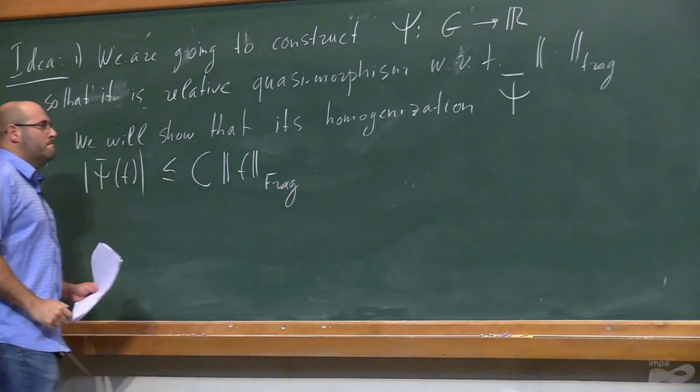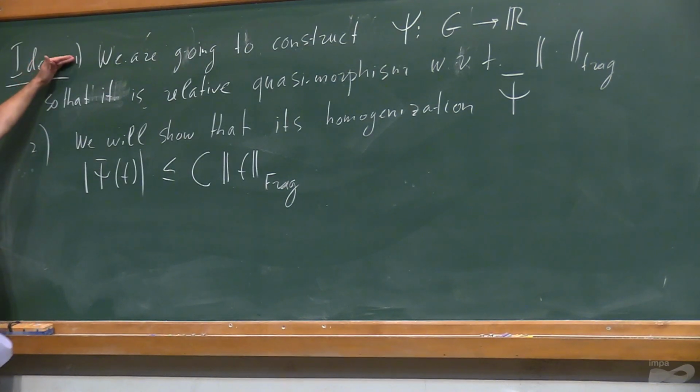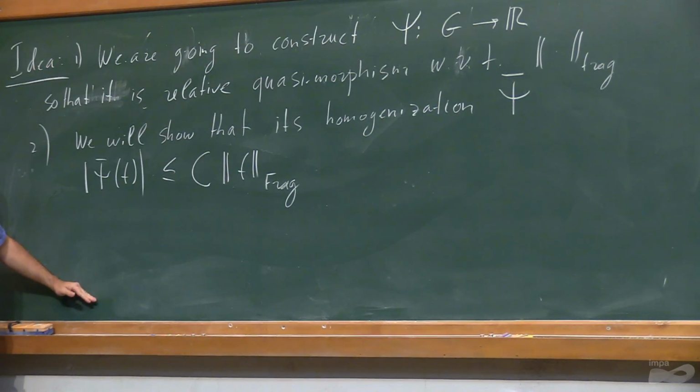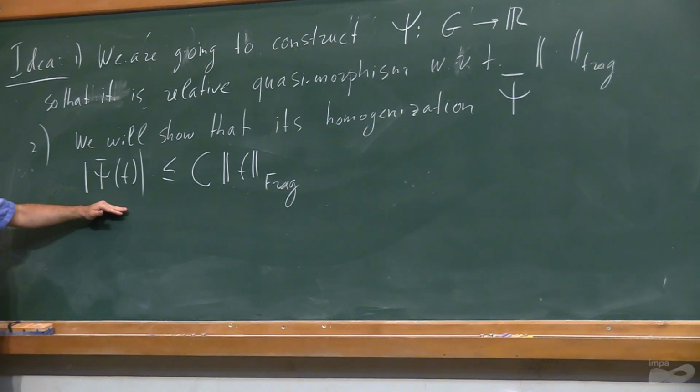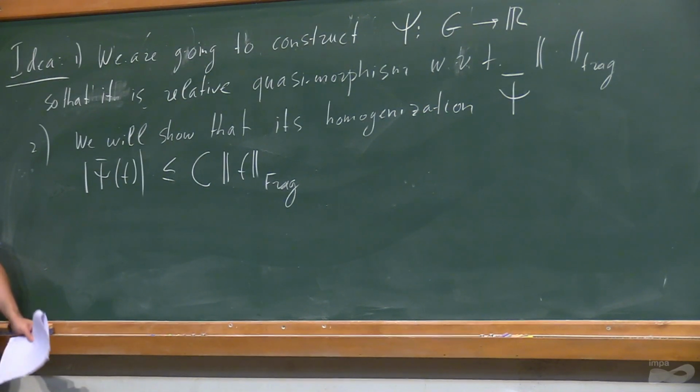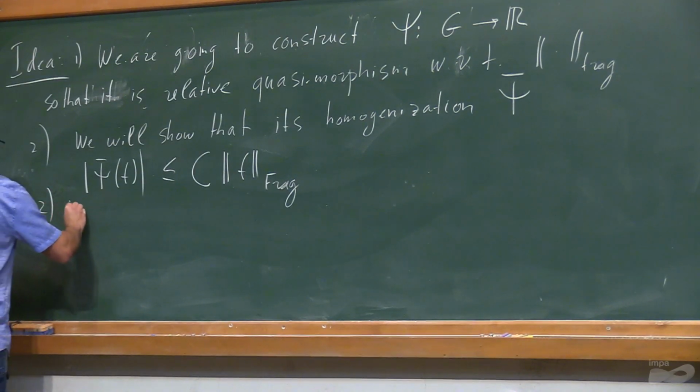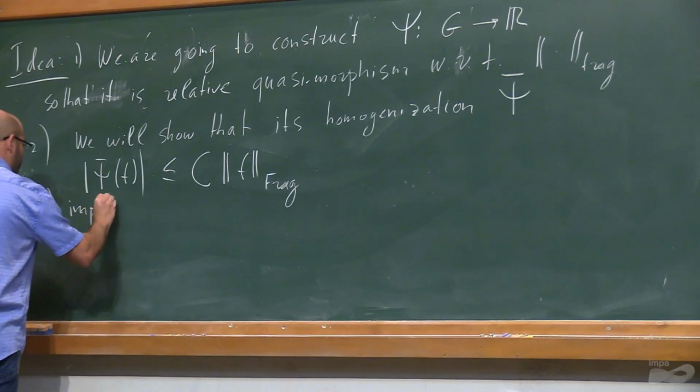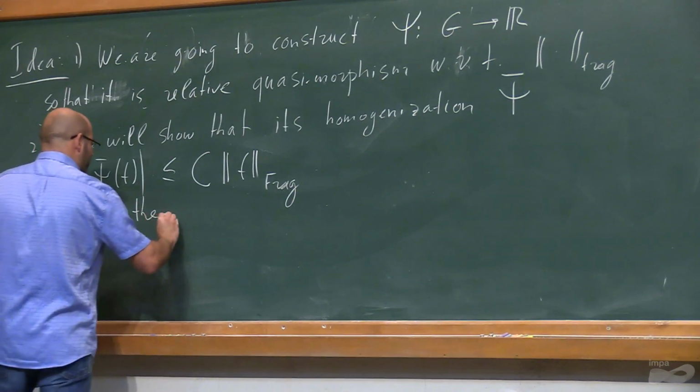Okay. So this is the idea. To construct such a function which satisfies these two properties, whenever you have these two properties, then maybe this is the only proof maybe I will write down, this will imply immediately that the fragmentation norm is stably unbounded. Maybe let me write this down. Okay, so 1 plus 2 imply the theorem.